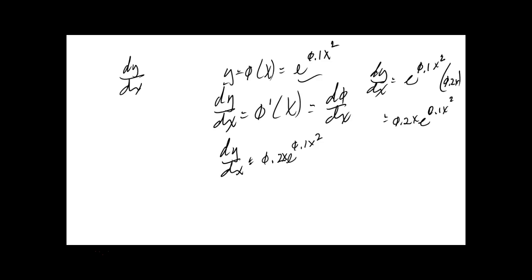Now, if that's where we had started from, dy dx is equal to 0.2x e to the 0.1 x squared, and I said what function y would give you that? Well, we know now, but what we would do is write it in differential form, leave the dy up here, move the dx over here. That's the differential form. Integrate both sides, y is equal to, and you see this is a substitution.